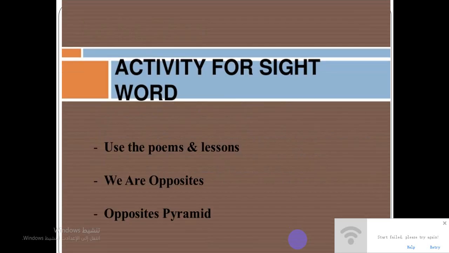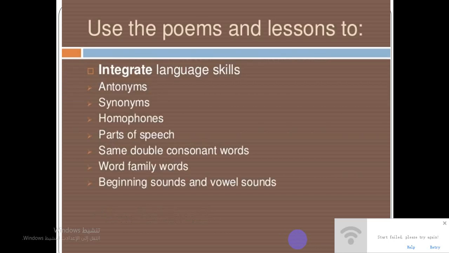Activities for the sight word approach: use the poems and lessons, We Are Opposites and Opposites Pyramid. This activity uses the poems and lessons to integrate language skills: the antonyms, the synonyms, the homophones, parts of speech, same double consonant words, word family words, beginning sounds, and vowel sounds.